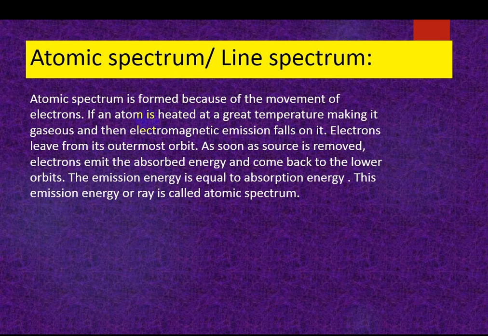As soon as the energy source is removed, the electron goes back to its lower orbits. At that time it emits energy. This emission energy is equal to the absorption energy. This emission energy or ray is called atomic spectrum.